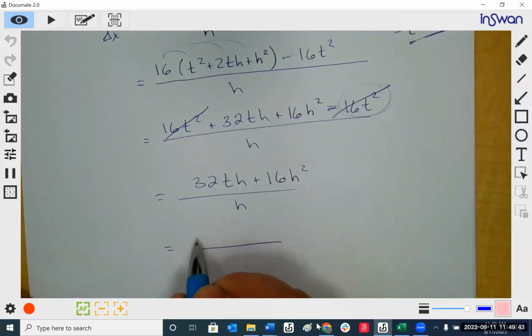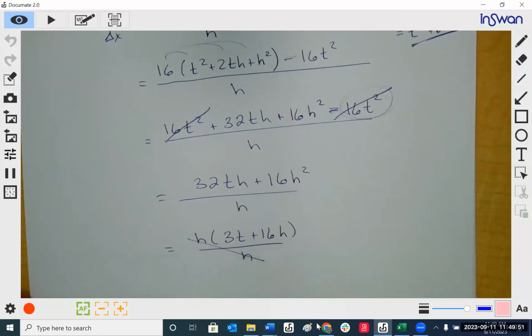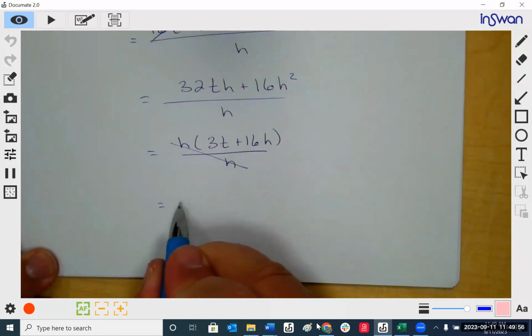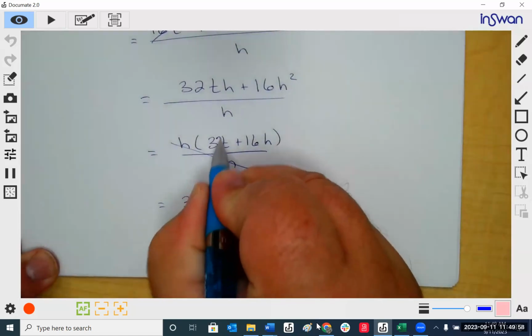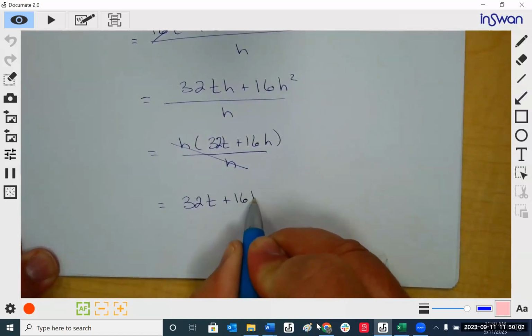Factor out an h on the top. 32t plus 16h, and cancel the h's.